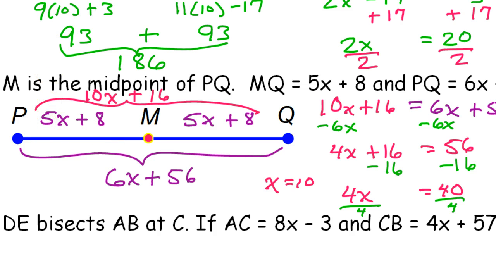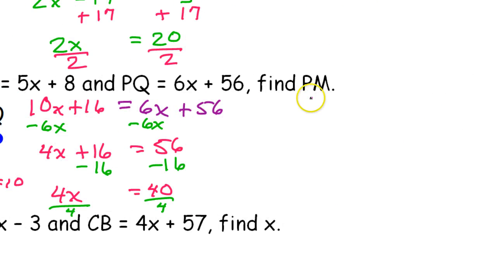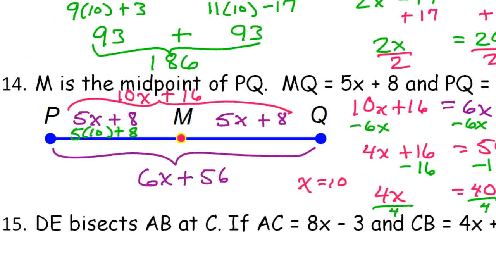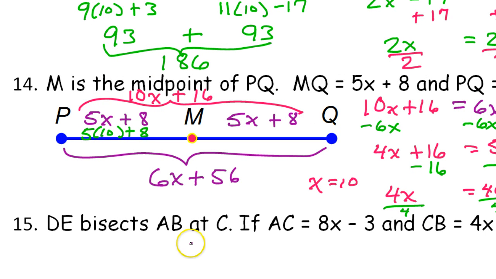So this will become 5 times 10 plus 8. Of course that's 50 plus 8, that's 58. So PM is equal to 58. Okay, that is how you do number 14.